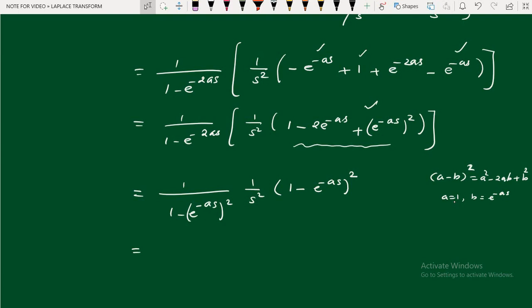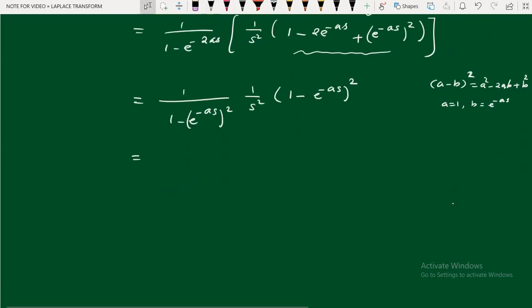So here the denominator is 1 by 1 minus e power minus as whole square. This 1 can be written as 1 square simply, and 1 square is again 1 only. Therefore this is a square minus b square form. A square minus b square is nothing but a plus b into a minus b.